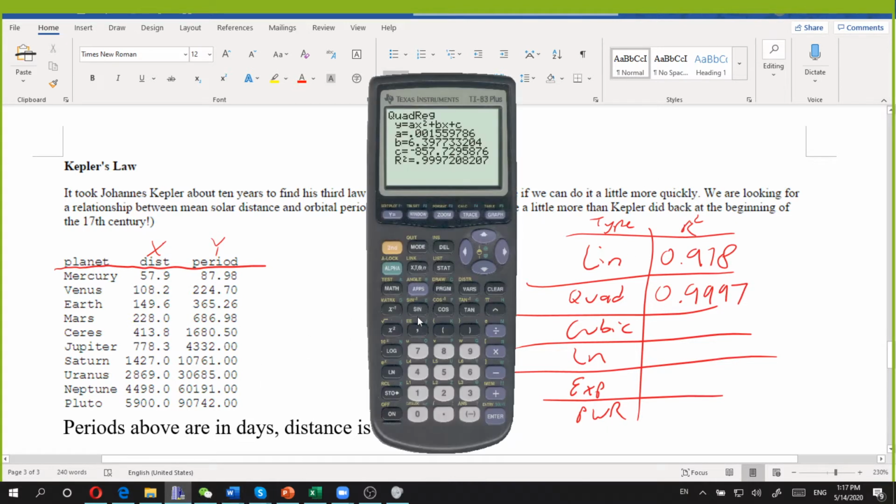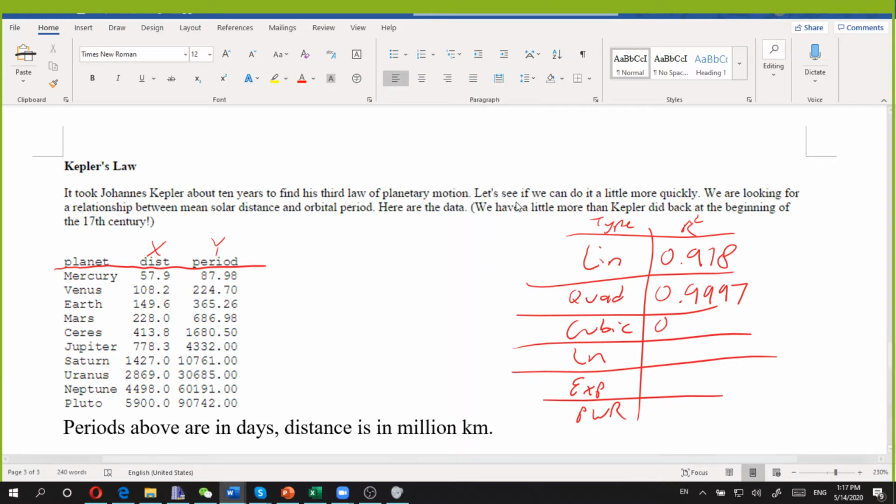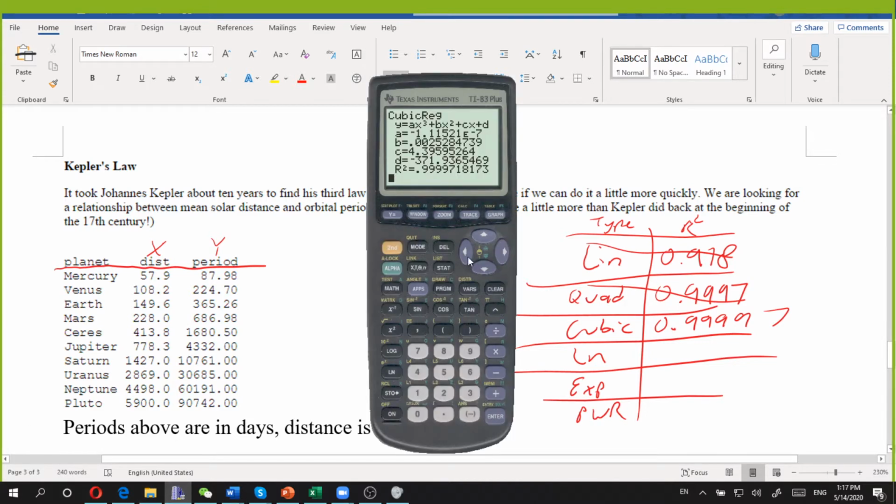Okay, cubic, 0.99997. So far cubic is our best.